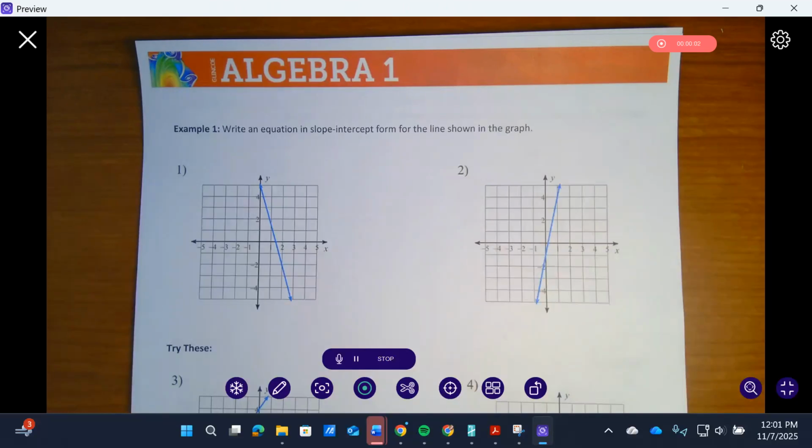In this video, we are going to write equations in slope-intercept form when we have a graph given to us.